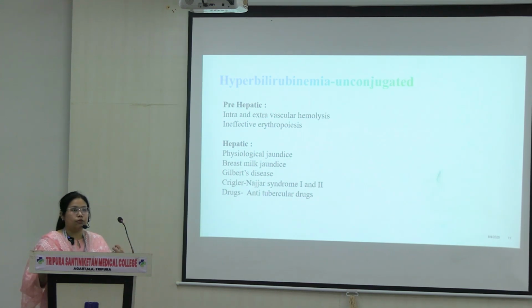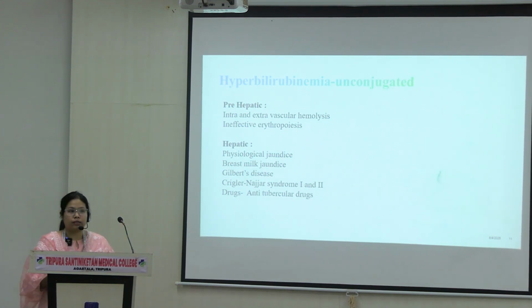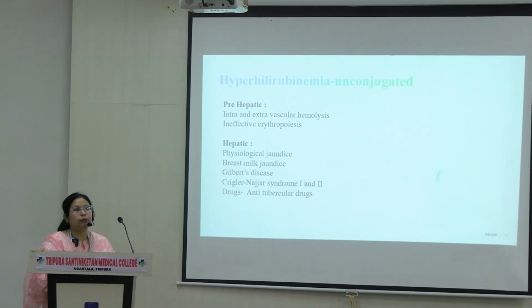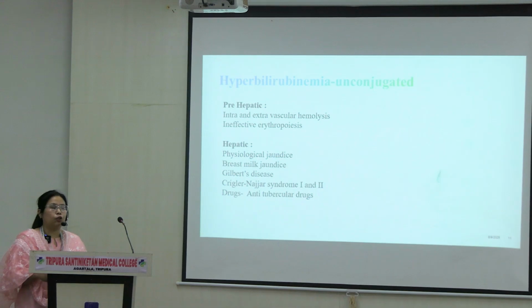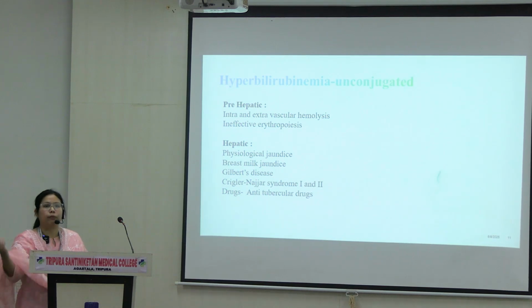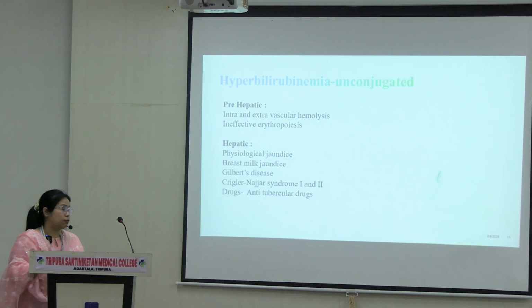Before bilirubin comes to the liver, this is what we see. If there is any reason for hemolysis, wherever there is hemolysis, there will be more breakdown of RBC, there will be more bilirubin released. तो इतने सारे bilirubin आ जाएंगे कि it will not get time to conjugate in the liver. So there is more amount of unconjugated bilirubin. काफ़ी सारे unconjugated bilirubin रह जाते हैं before it gets conjugated.